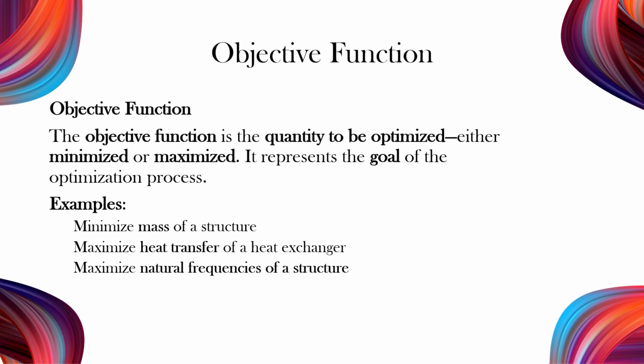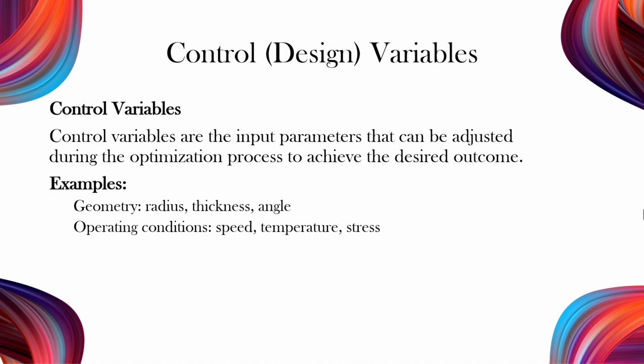In any optimization, we must define an objective function, the quantity to be minimized or maximized. It represents the goal of the optimization process. Common examples include minimizing mass, maximizing heat transfer in a heat exchanger, or maximizing natural frequency. Control variables are input parameters that can be adjusted during the optimization process to achieve the desired outcome defined by the objective function.